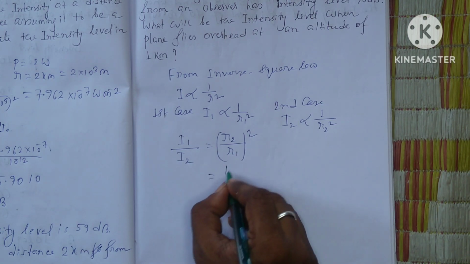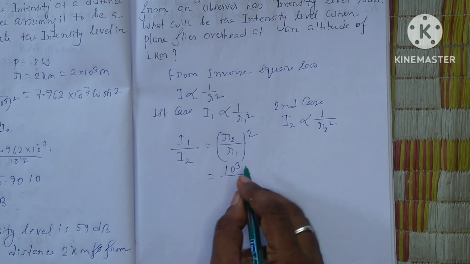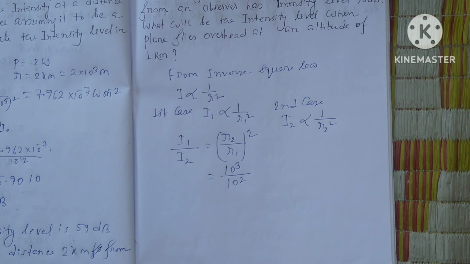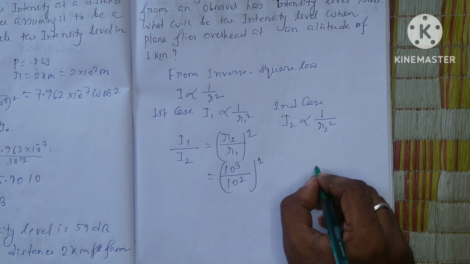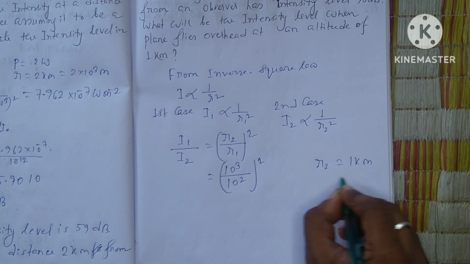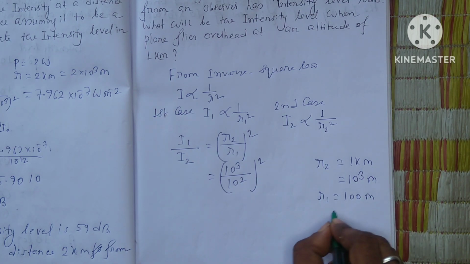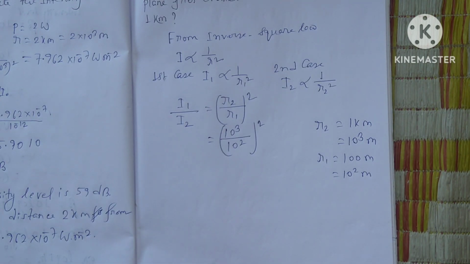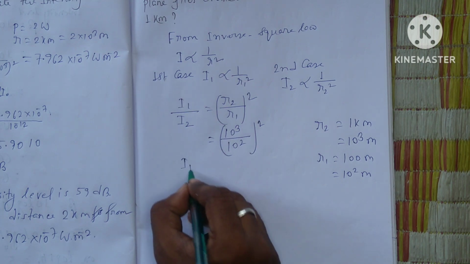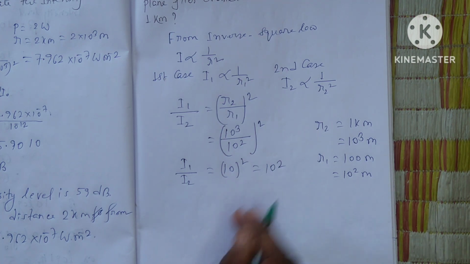So r2 is 1 kilometer, that is 10 to the power 3 meter, and r1 is 100 meter, that is 10 to the power 2 meter. Putting the values, we get I1 by I2 equal to 10 square, that is 10 to the power 2.